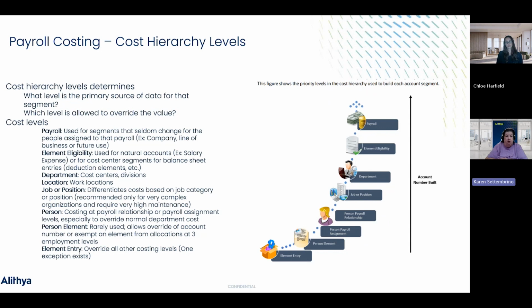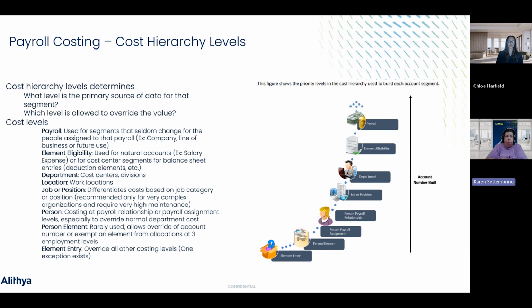So we have limited places to be able to assign the costing, but each of those places has to equal a segment that is going to exist in the general ledger. As an example, you would see from the chart that Chloe had provided earlier, there was a company, what is known as a cost center, and a natural account.